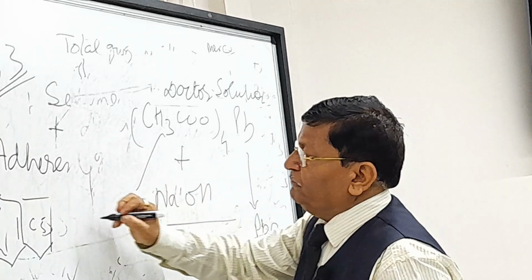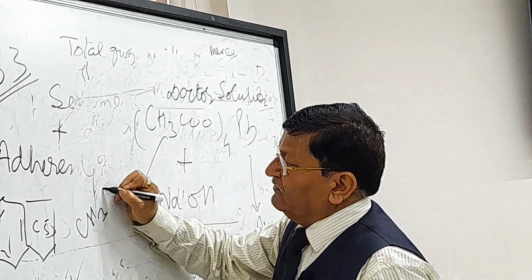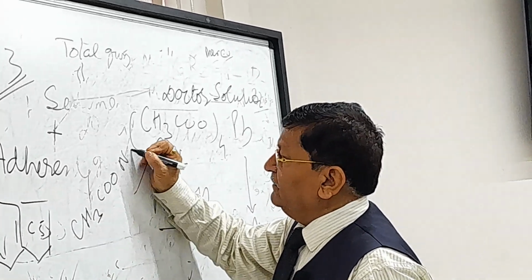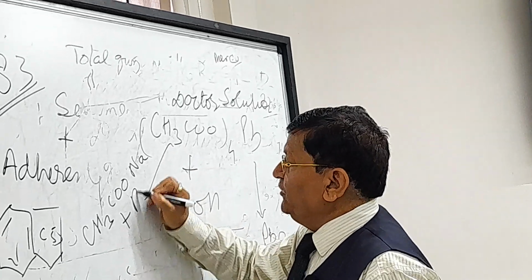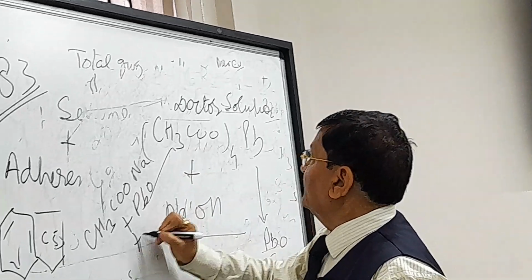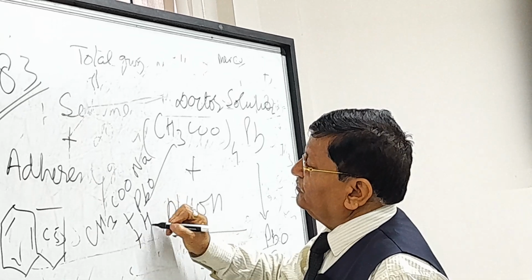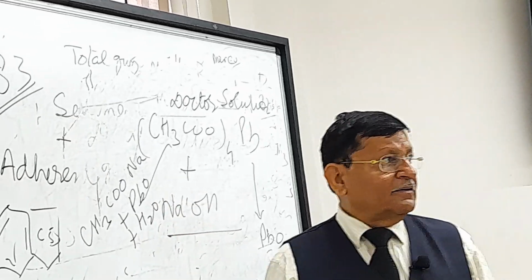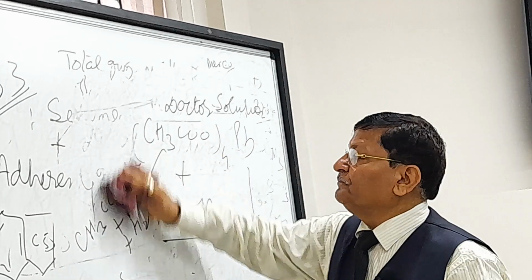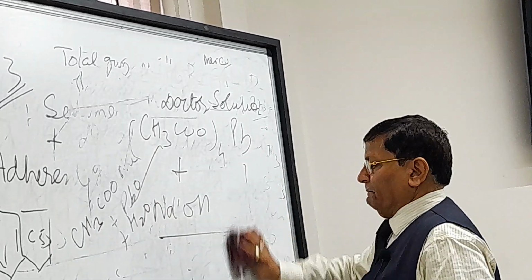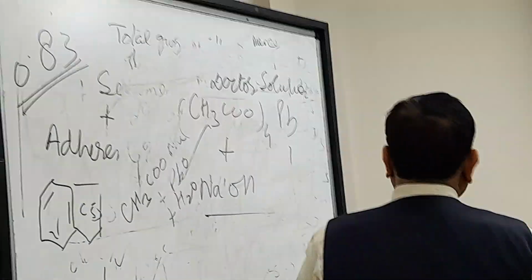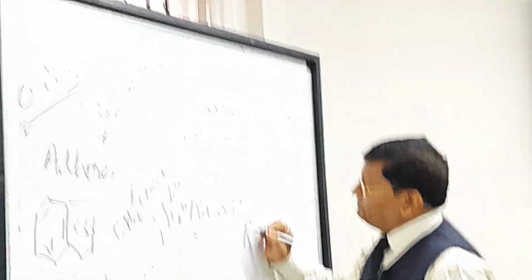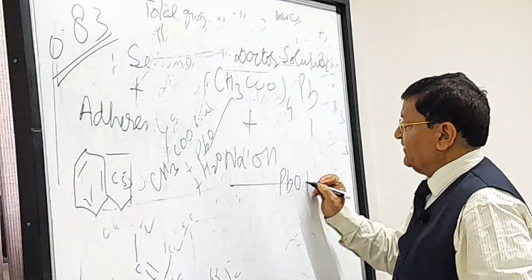This will give you CH3COONa plus PbO plus H2O. Correct? Now, this PbO will react with your H2S.